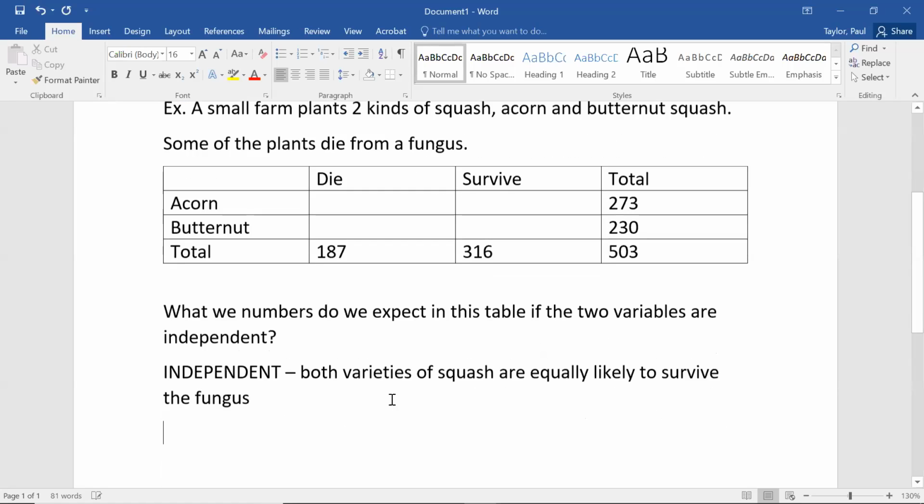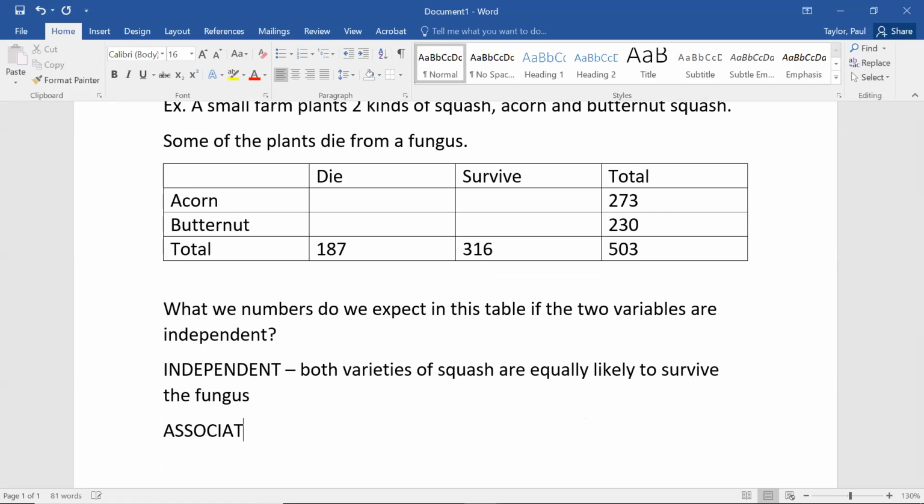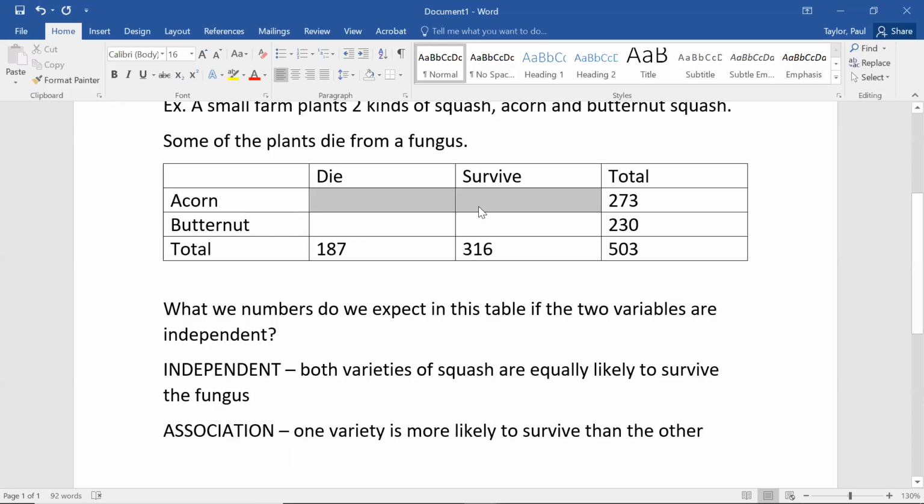And not independent, which we'll call an association, so that's sort of the opposite of independent, means the variables are somehow connected together. That means that one variety is more likely to survive than the other. Okay. So if the 2 variables were independent, what numbers would you expect in this table?